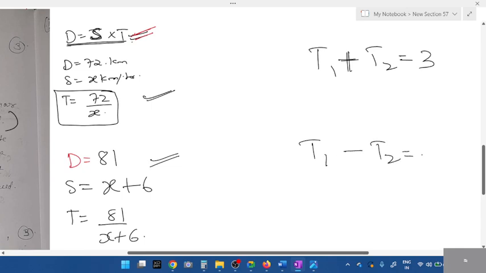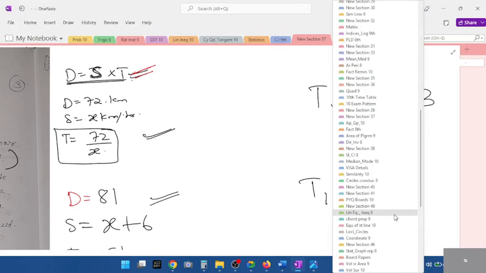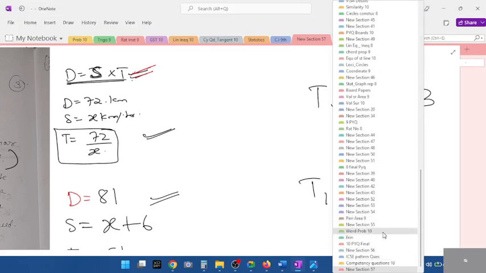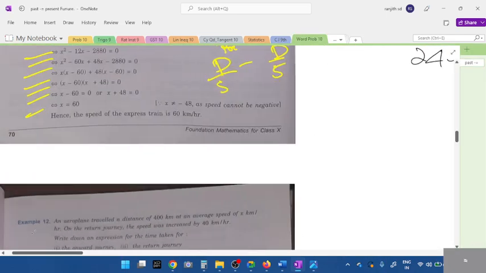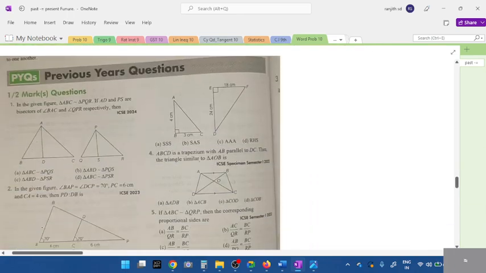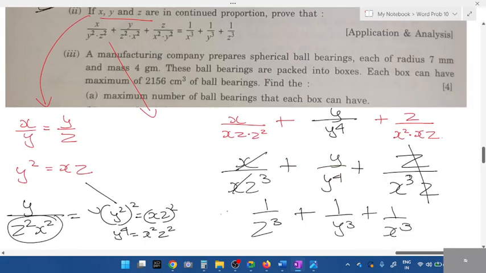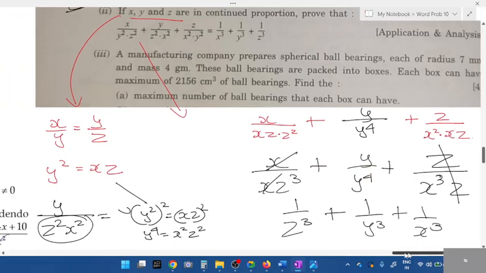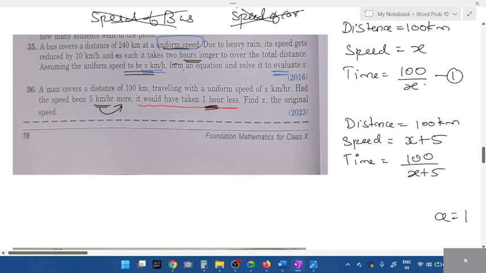When do we use minus? Look here, we use minus for this one.